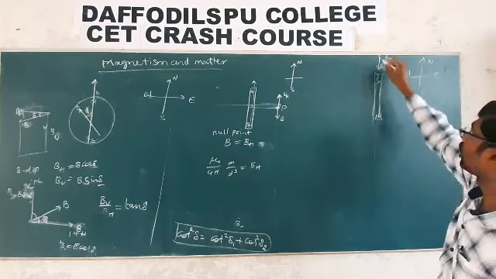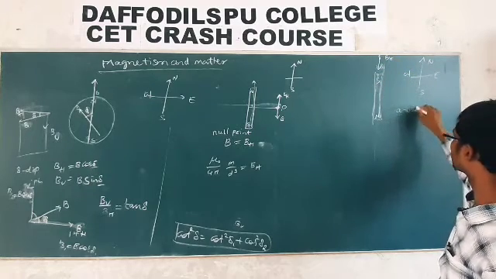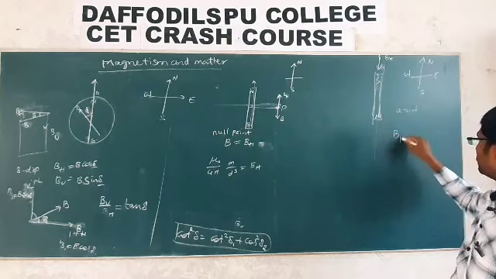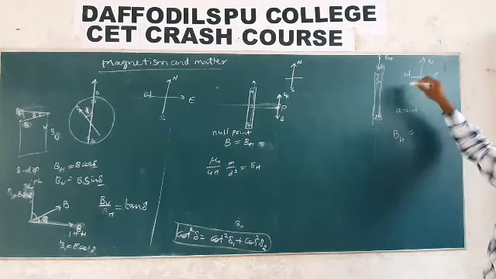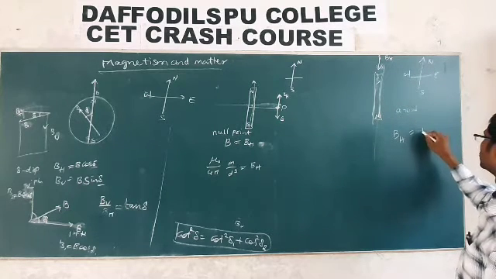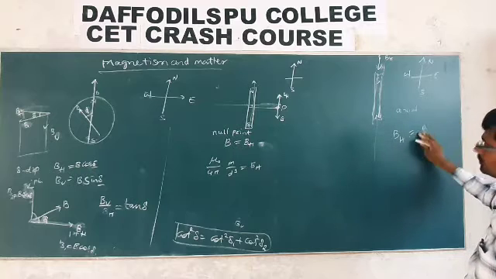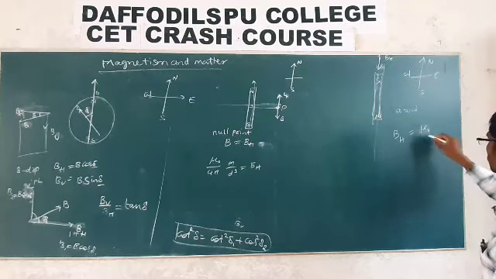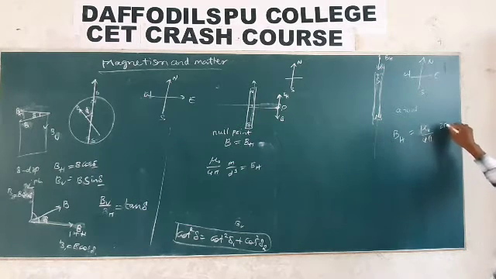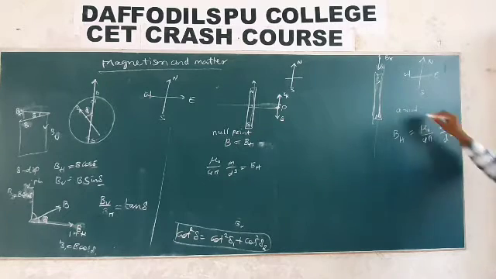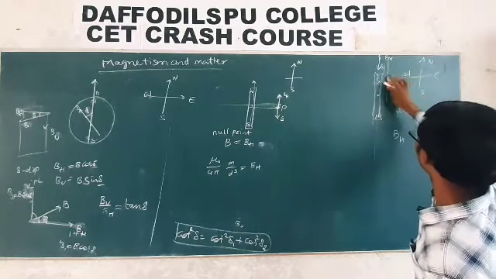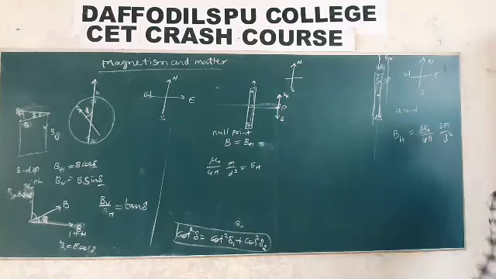Then on the axial line we will get a null point or neutral point. Therefore, BH, the magnetic field due to the Earth, is equal to the magnetic field due to that bar magnet, which is mu naught by 4 pi, 2 m by d cube, where d is the distance from the center to that point.